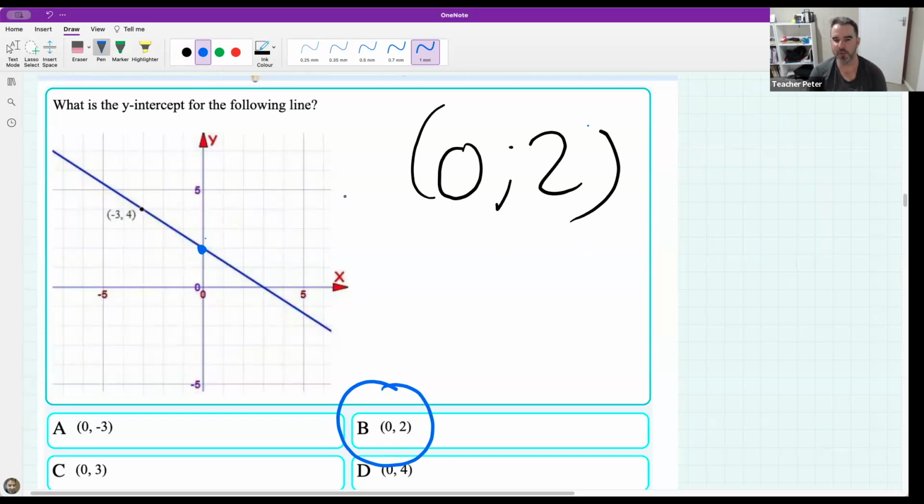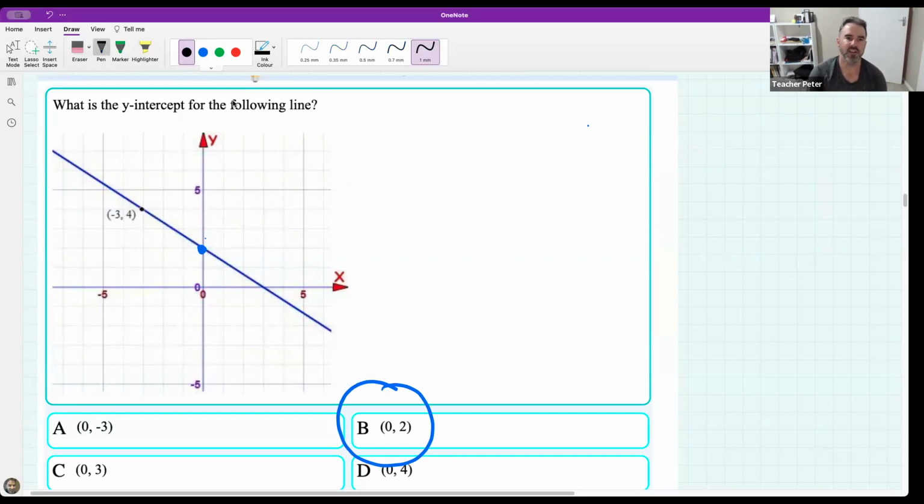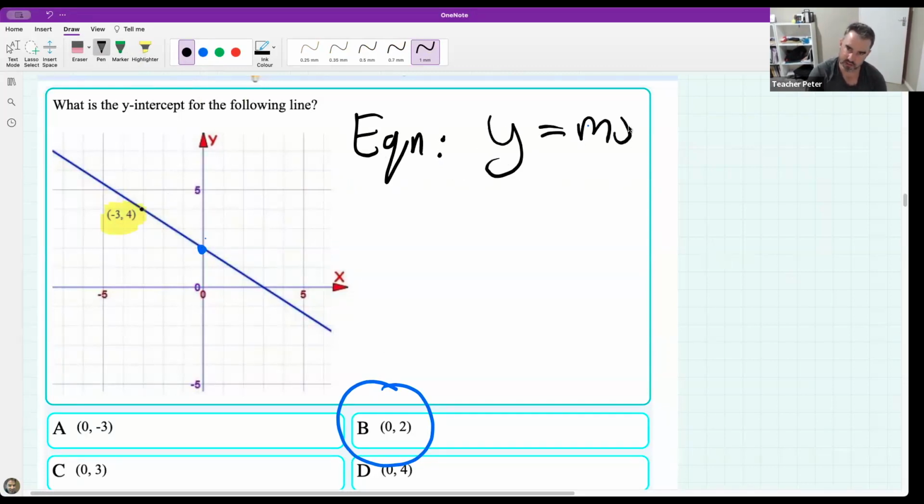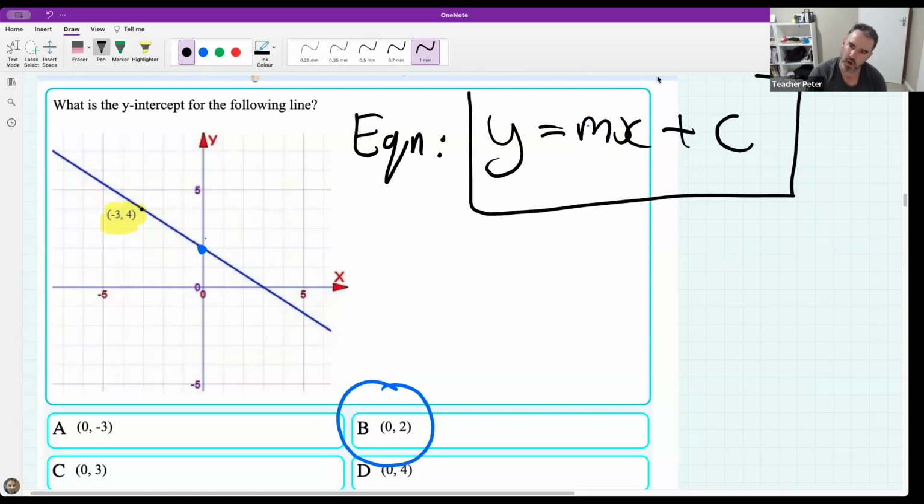Okay, I'm upgrading this question. I want to know what is the equation of the straight line that is here. Now, there's one extra point over here that might be helpful. I want you to work out what the equation of the straight line is, bearing in mind that the standard form of a straight line is y equals mx plus c. What is the equation of the straight line?